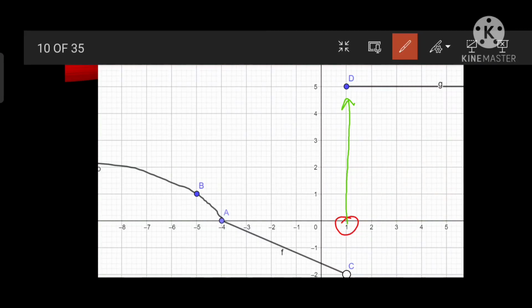When I land on the graph, my third step is to trace my pen over to the y-axis, and I land on the value of 5 here in the y-axis. So our y value, or g of 1, is equal to 5. Okay?